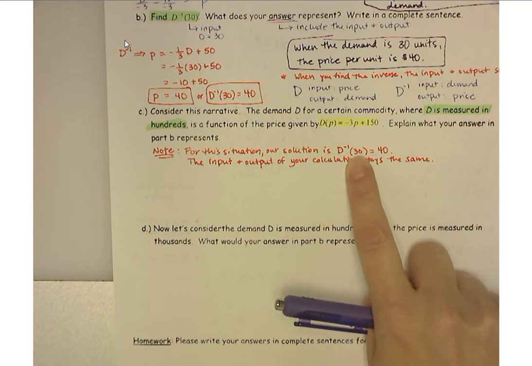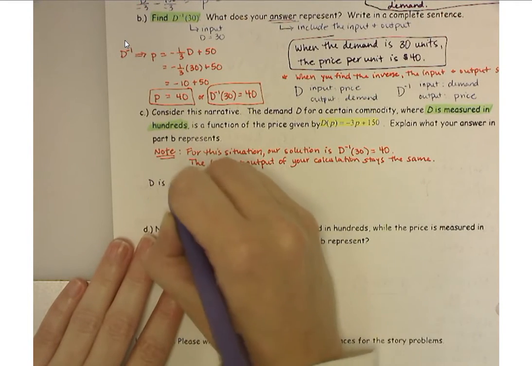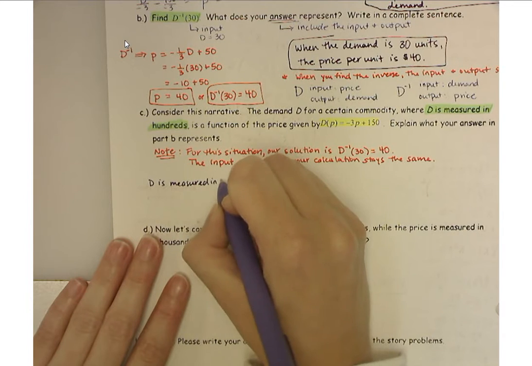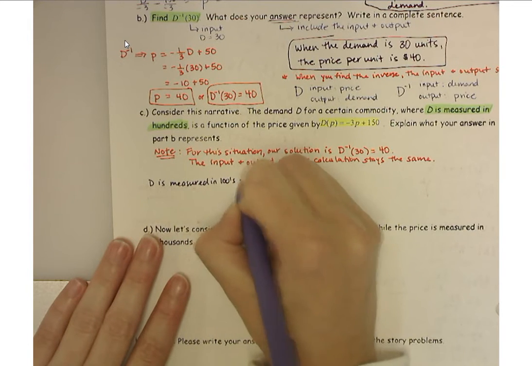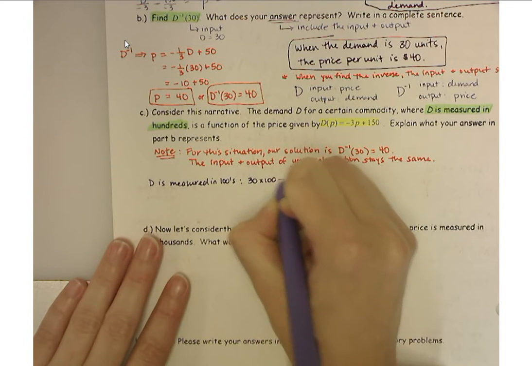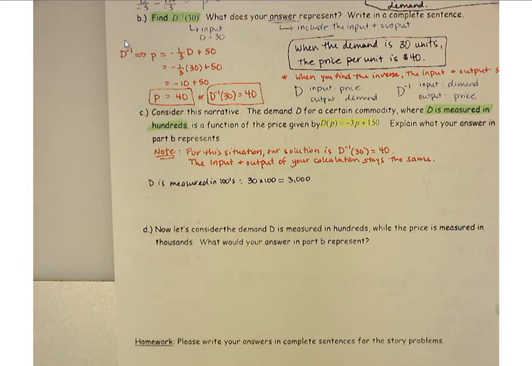So what you're going to do, if D is measured in hundreds, is take that value and multiply it by 100, and tell me that it's 3,000.